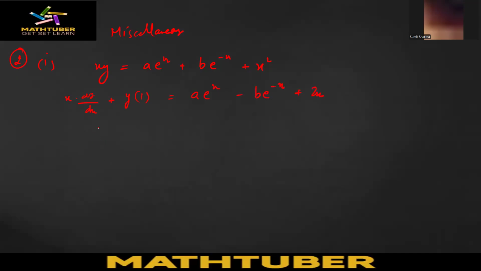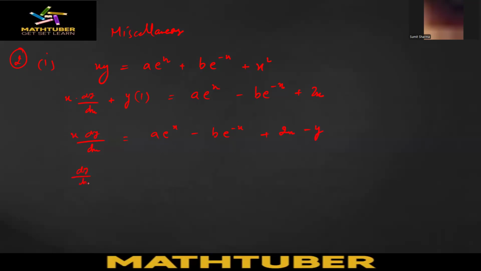So now we have dy by dx, but here we have to find out dy by dx properly. For that, we have to take this y to the other side: a e raised to power x minus b e raised to power minus x plus 2x minus y, and dividing the whole with x.